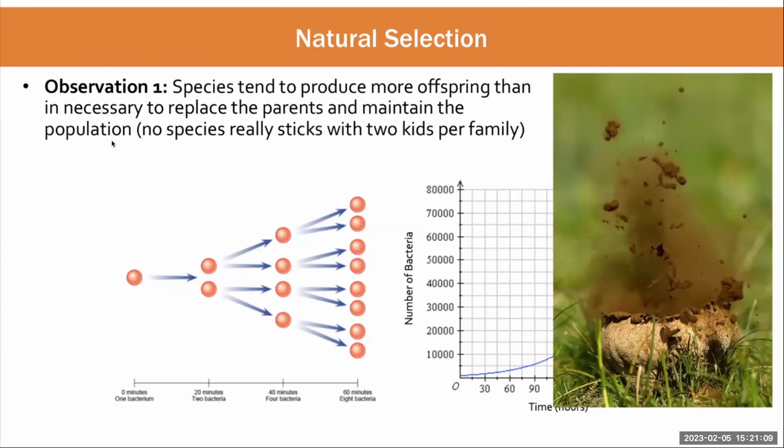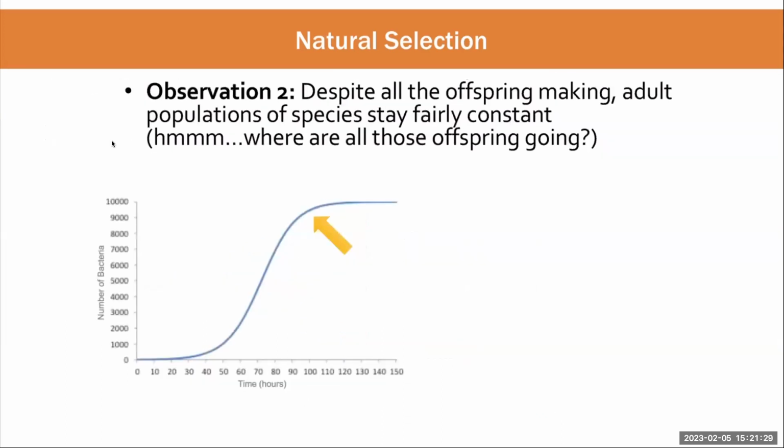Sea urchins in the ocean release thousands and thousands of egg and sperm that can fertilize each other, right? We're not being taken over by sea urchins, okay? So most populations of most species are producing more offspring than are necessary just to maintain the population.